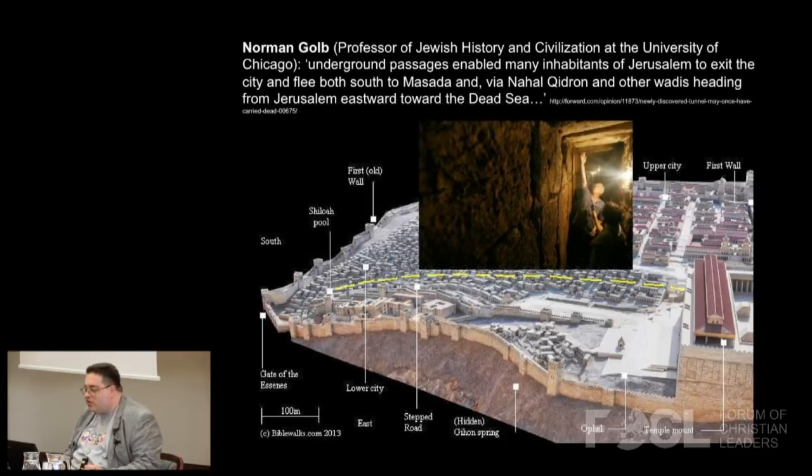A Jewish historian talks, and you can see a picture of him inside one of these tunnels here, notes about underground passages enabling inhabitants of Jerusalem to exit the city and flee south to Masada and via the Nahal Kidron and other wadis heading from Jerusalem eastward to the Dead Sea during the siege.